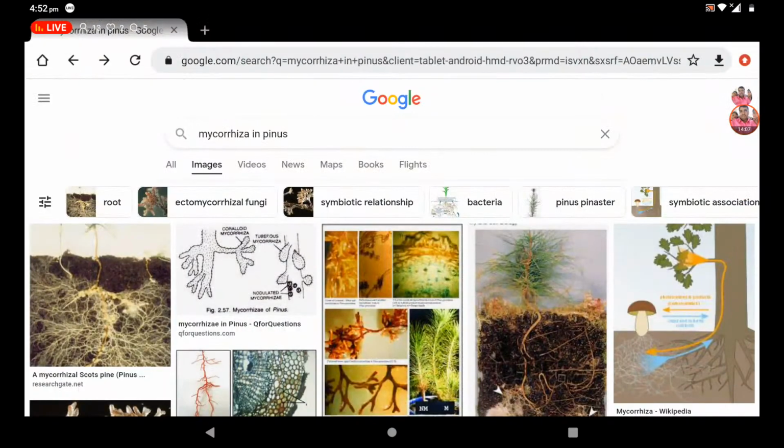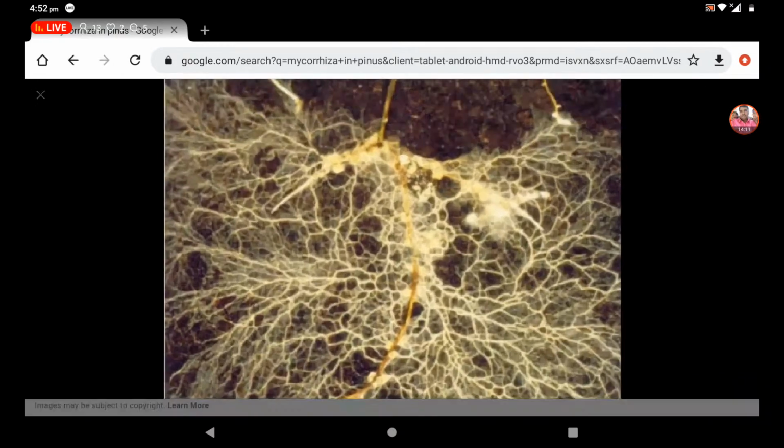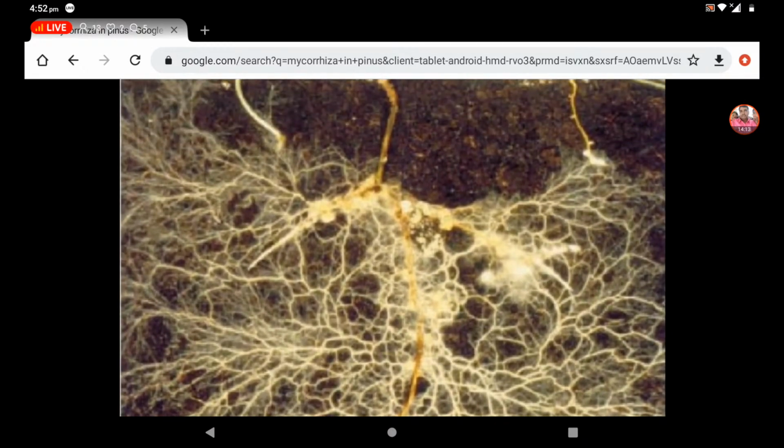Pinus roots also have a symbiotic association with fungi, called mycorrhizal association. Cycas coralloid root consists of algal association, that means Nostoc and Anabaena, cyanobacteria in symbiotic association.